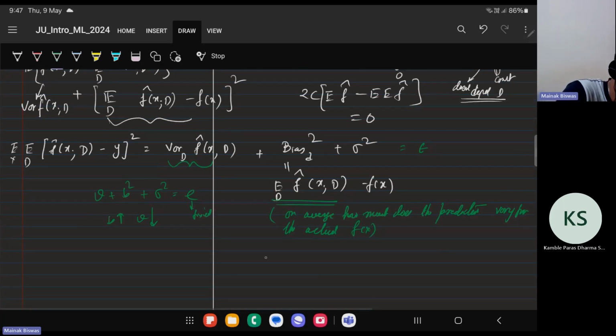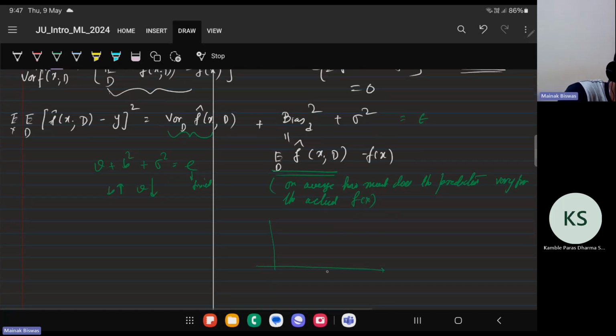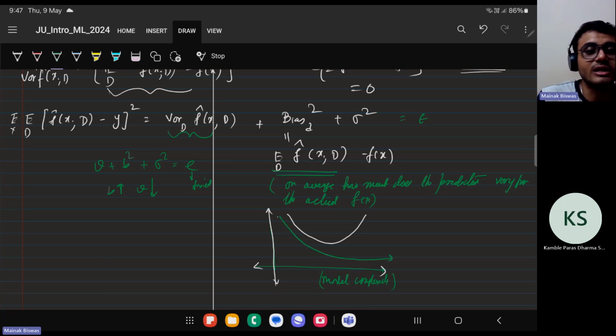So if you plot this graph of model complexity again, you see, I told you this is an optimal value.